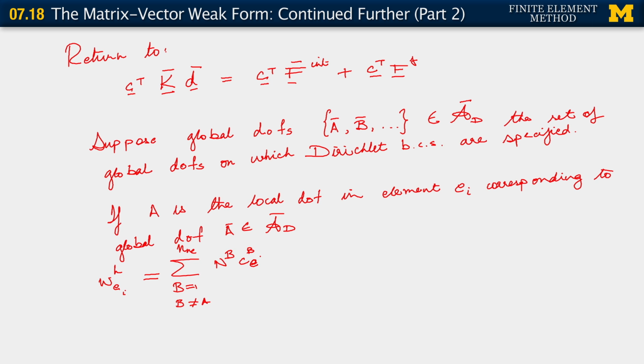Which essentially corresponds to the fact that when we look at the C vector, C transpose, it will have C D bar, C E bar, corresponding to various global degrees of freedom, except that it will just go on like this, F bar and so on.